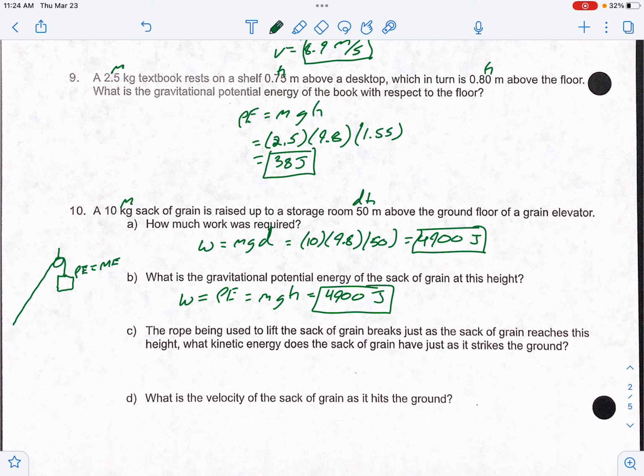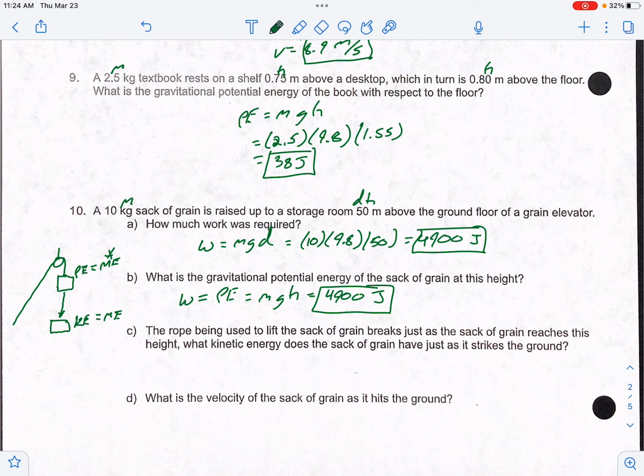Now let's say that rope breaks, like in part C it says, what is the kinetic energy of the sack of grain just as it strikes the ground after the rope breaks? So once that box falls down, right before it hits the ground, all of its energy is just transferred to kinetic. Because now it has no height, it has just purely velocity when it hits the ground. So whatever mechanical energy you had up here is going to be the same thing down here.